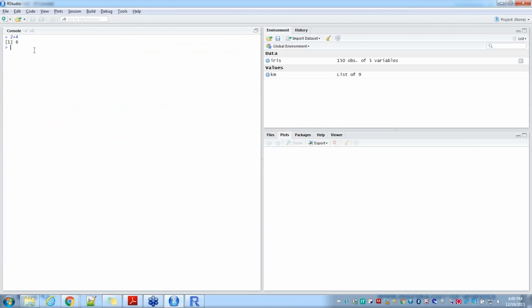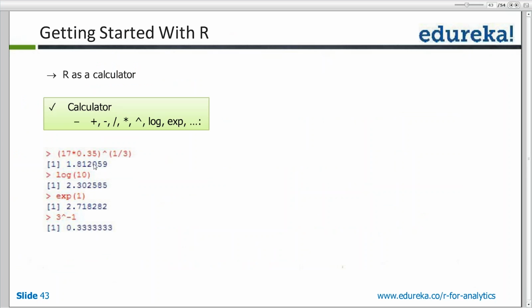So you can use it as a calculator as well, right? And you have a whole lot of other examples. You can take a log, you can take an exponential of any number, square roots, or any mathematical operations you can do right there on the screen, on the console, and get the result immediately. Okay.